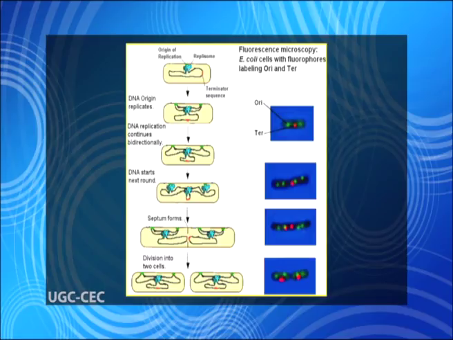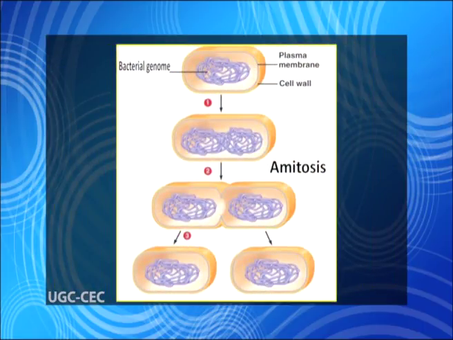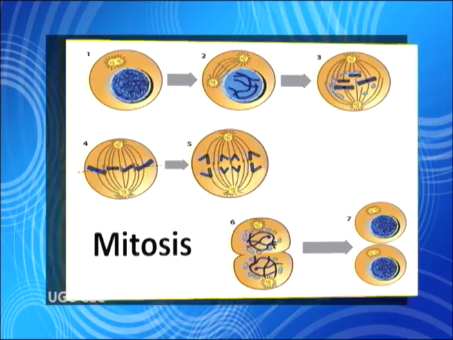Other metabolic processes which we see in the cells of microbes occur during cell division. Cell division is the process through which one cell forms two daughter cells. Microbes divide usually by binary fission if they are prokaryotes or by mitosis if they are eukaryotes.